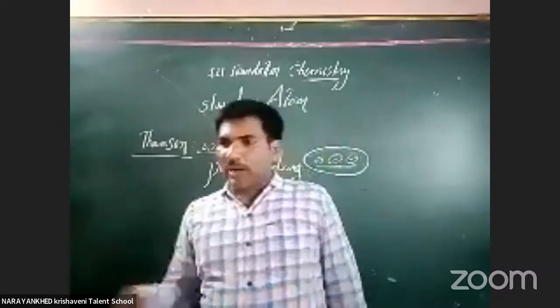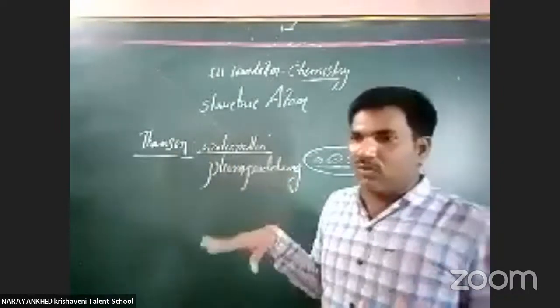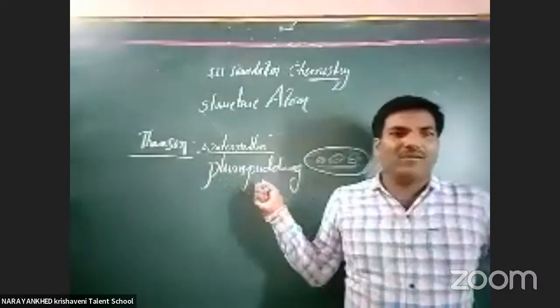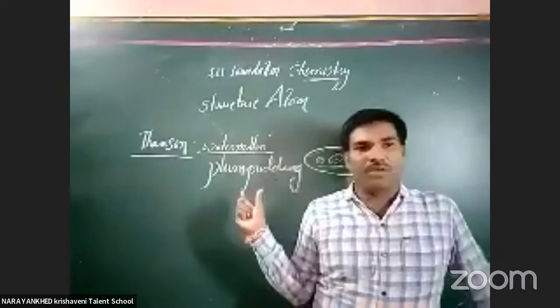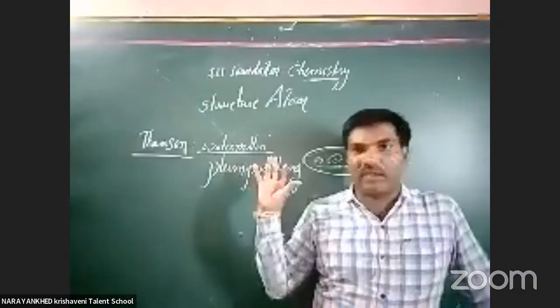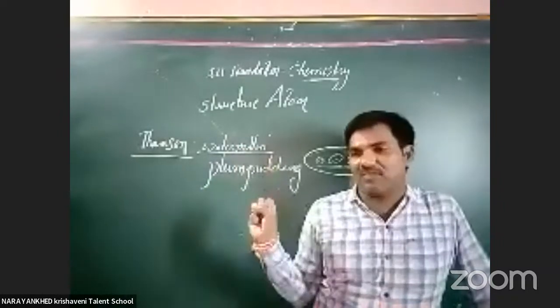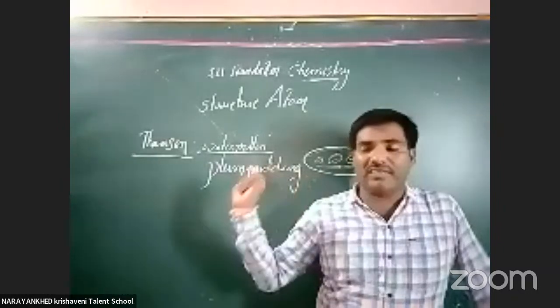Thomson said that all atoms contain electrons, protons and neutrons arranged in a plum pudding manner, or watermelon model. In a watermelon, the red juice is treated as positive charge and the black seeds are treated as negative charge.